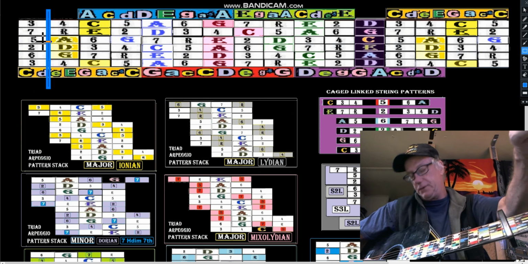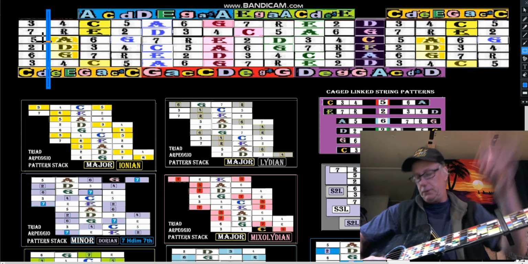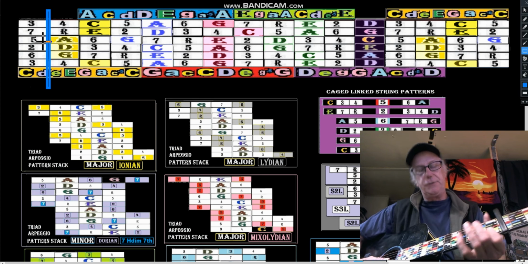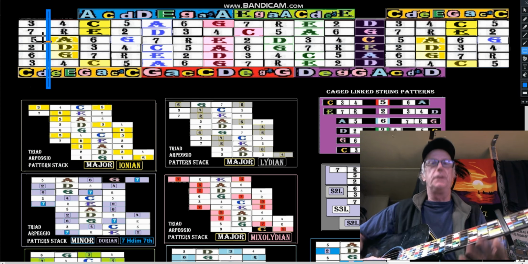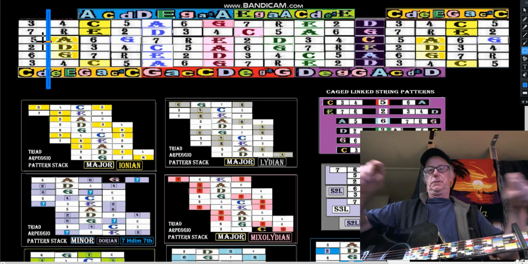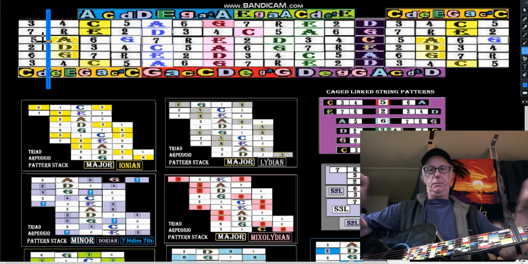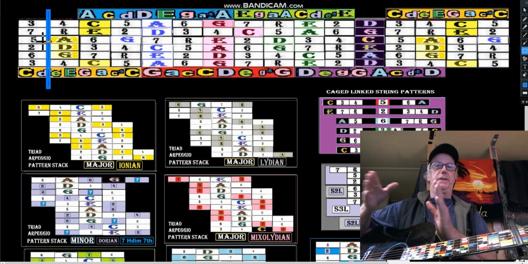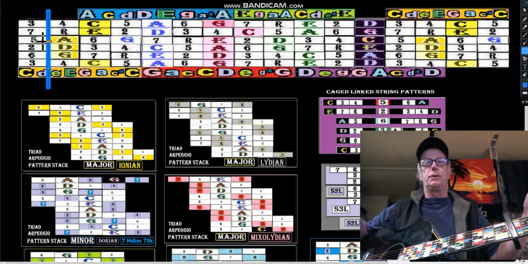Even though this is perfect fourth tuning between the top two strings, once you down tune one of the strings and then continue on in your pattern, it's like if you have a chain and one of those links becomes shorter, the length of the entire chain becomes shorter.